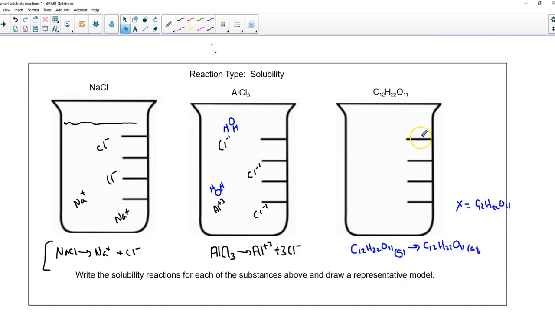I may have misspoken a second ago. This is not glucose, this is sucrose, which is common table sugar. Glucose is half of that, approximately.